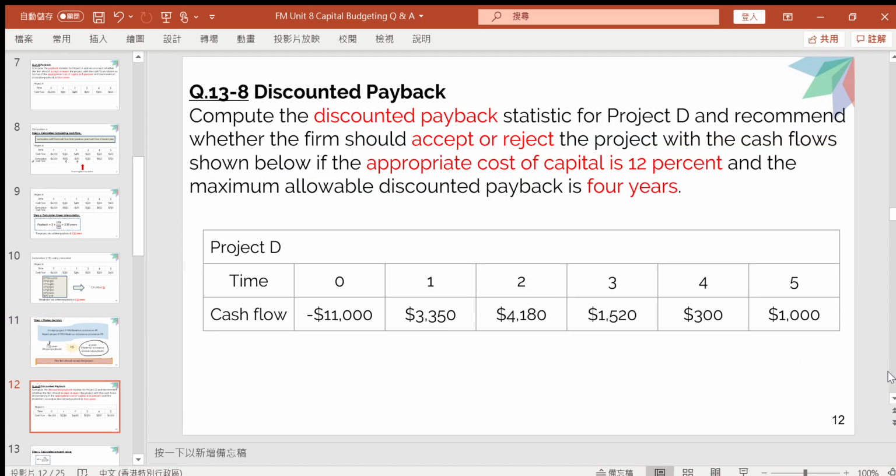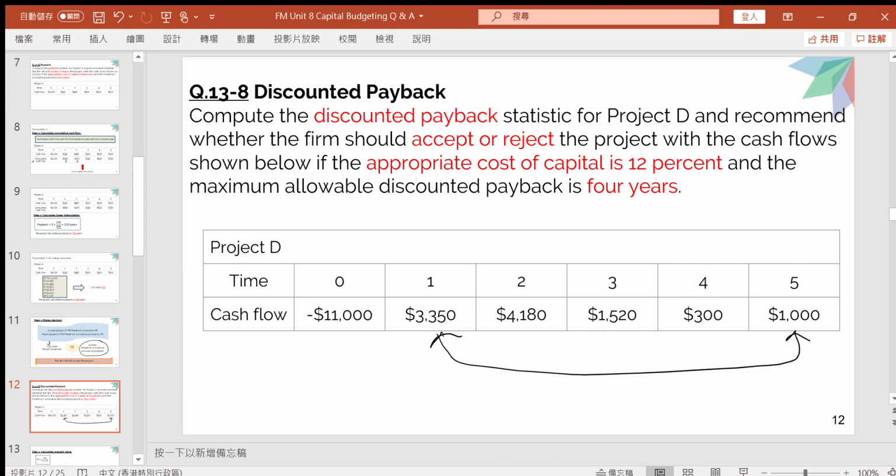Okay, the fifth one is the discount payback method. Now, looking at this cash flow first, that is a normal cash flow. That's why we can apply the payback method and the discount payback method. But by looking at the information provided, this project will provide 5 years in total cash inflow.